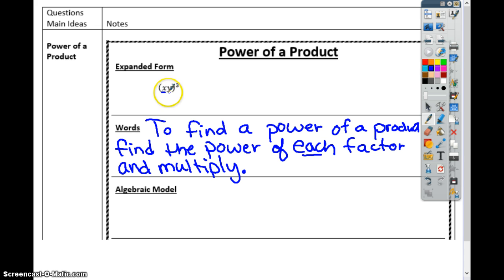Right? x was a factor, and y was a factor. You have to find the power of each.